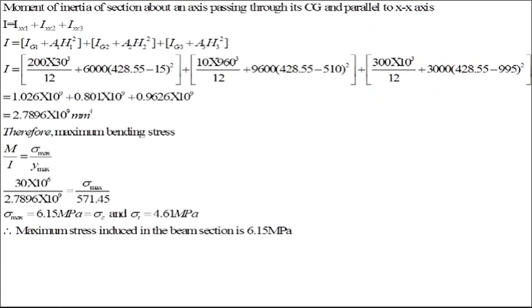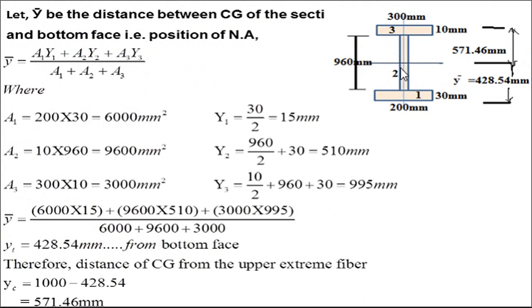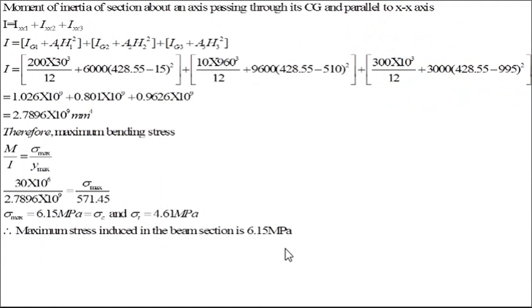Similarly, MI of the web will be bd cube by 12. Here b is this 10 mm and d is 960, so 960 cube by 12, plus the area of the web, 960 into 10, into h2 square. H2 is y bar minus y2, where y bar is 428.5 and y2 is 510.